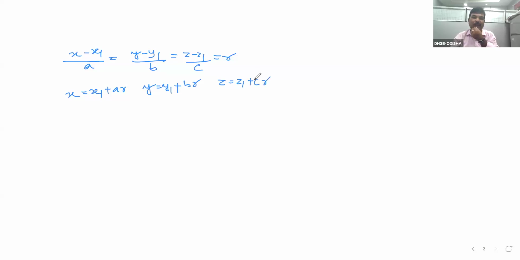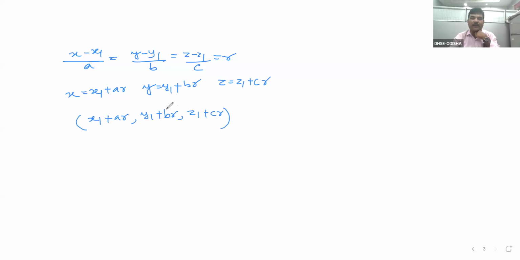So coordinates of a general point on the line are x1 plus ar, y1 plus br, z1 plus cr. This is the equation of line in point DR form, Cartesian method.